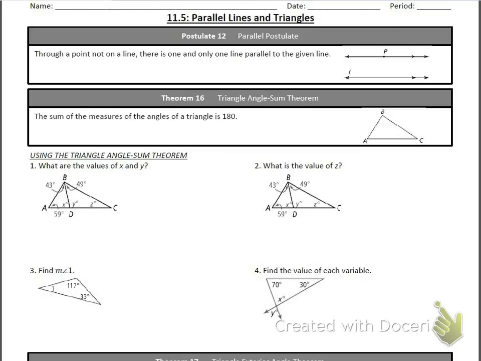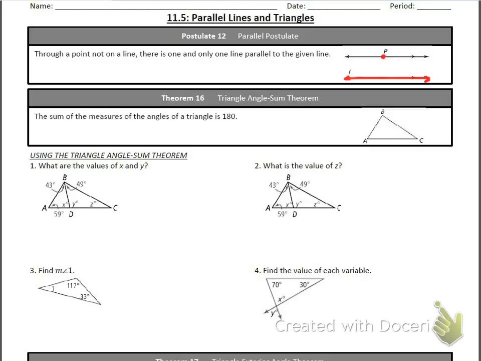So if L is the given line in your picture, and I have some point P, there is only one line I can draw through P that will be parallel to L. That should make sense, right? Because there's an infinite amount of lines you can draw through a single point, but only one of them will be perfectly parallel. That's the parallel postulate. There are no proofs in this one.